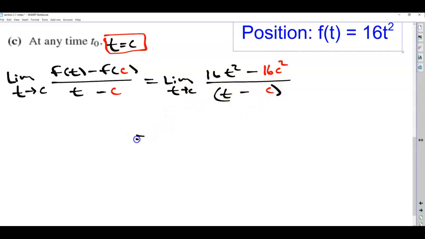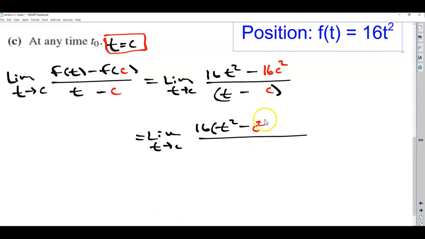That's an indeterminate form. And we know that there's a factor of 16 here left over, right? So if I factor that out, what's left over is t squared minus c squared. And you might not recognize it right away, but that's that same difference of squares right here. How did I get t squared minus c squared?